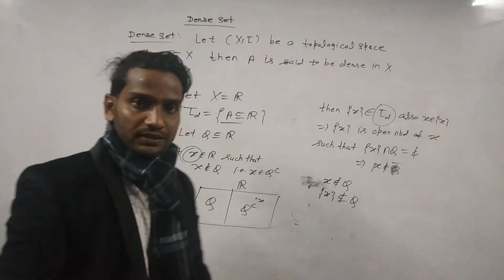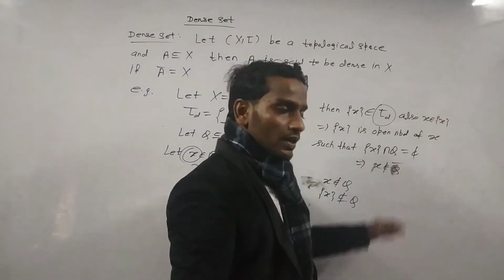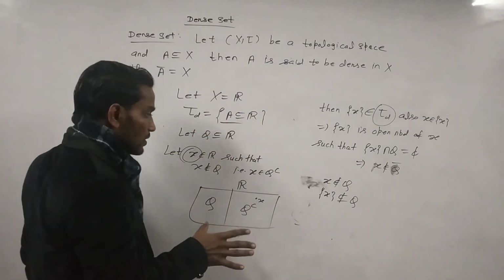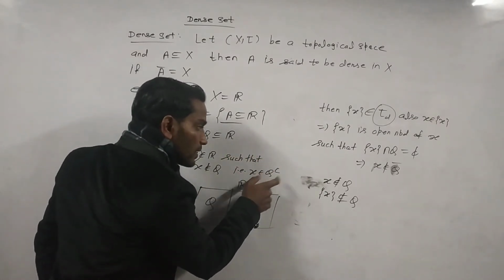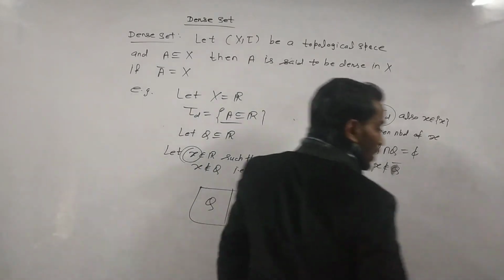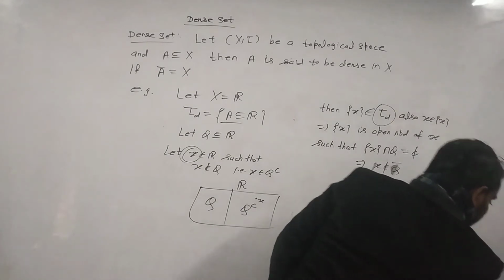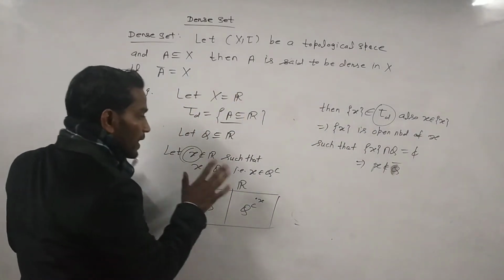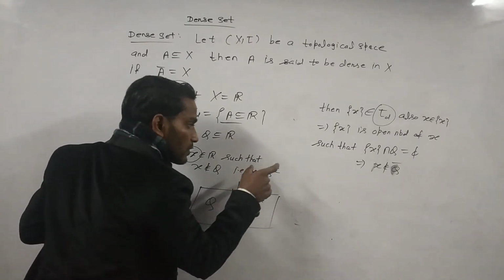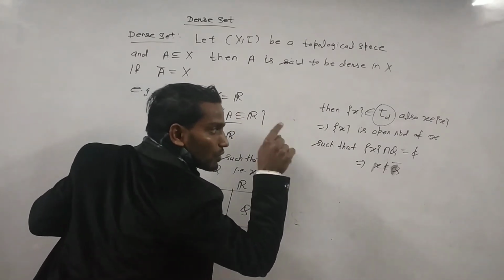X doesn't belong to Q closure. It means if we have taken any element from Q complement, then that element doesn't belong to Q closure under discrete topology. This implies if we take any element from outside Q, that means from Q complement, that element doesn't belong to Q closure.